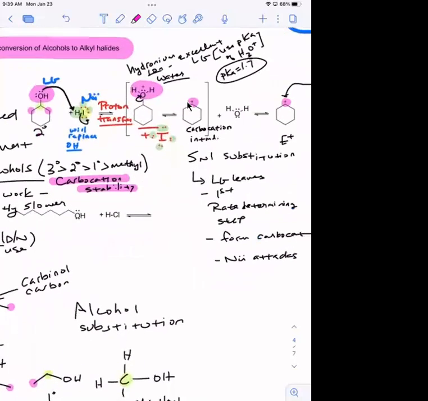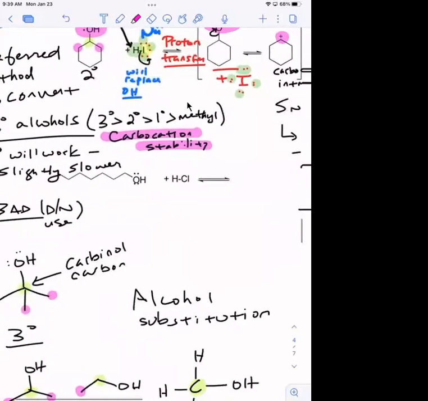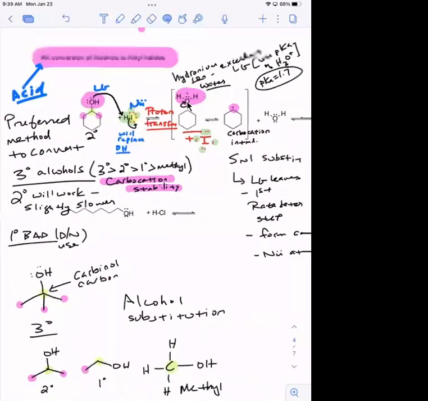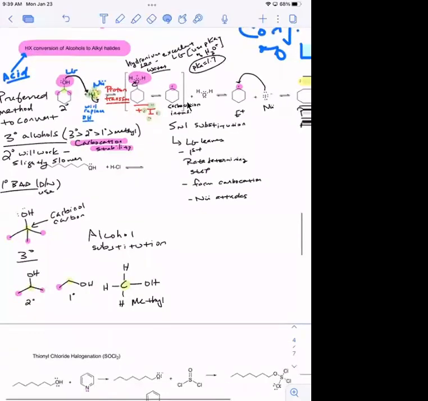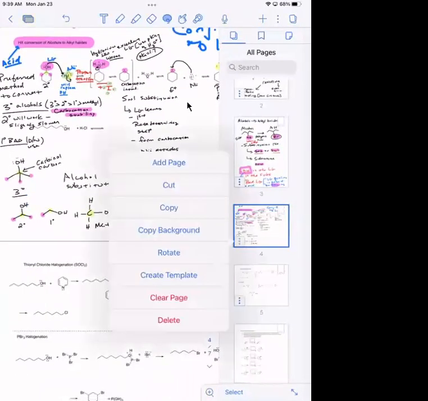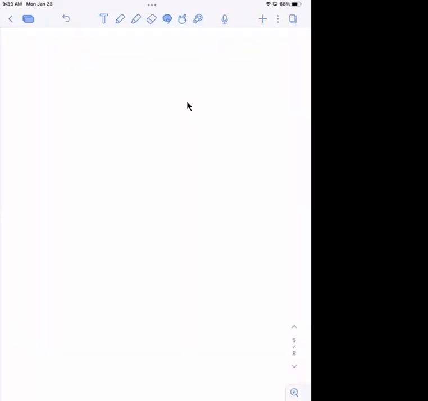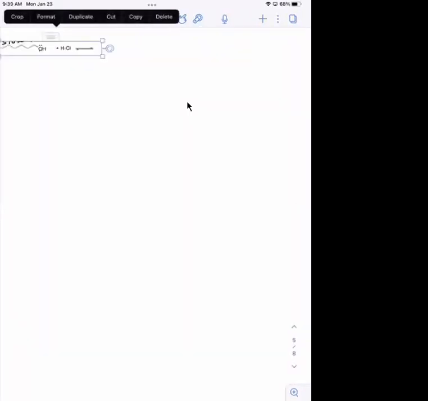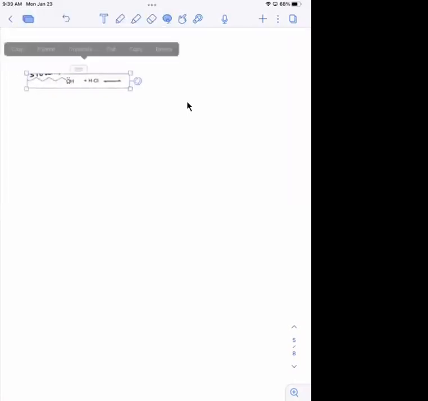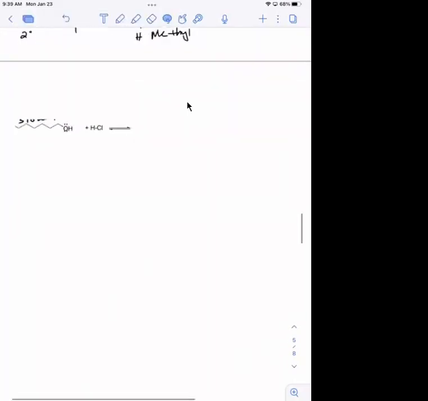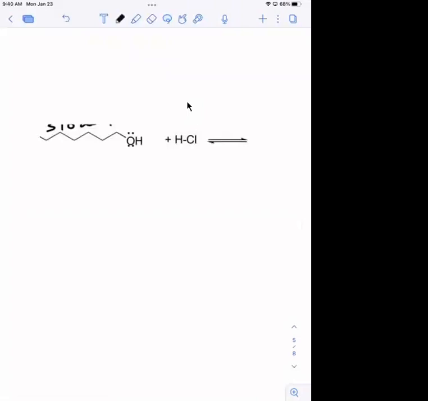I want to take that other reaction and talk about the carbocation. Let me see if I can cut it, or at least copy it and put it on another page. Let's talk about that. And then that's where we'll stop.